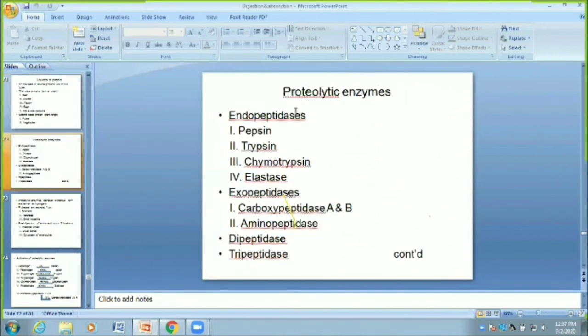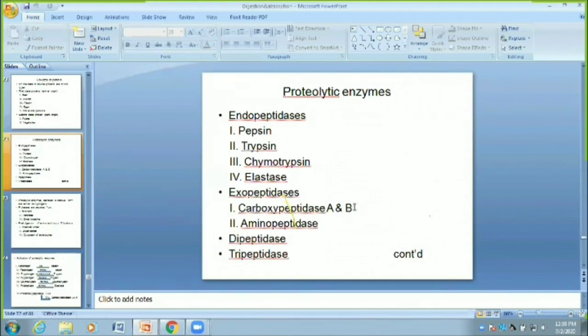Proteolytic enzymes: we can classify them as endopeptidase and exopeptidase. Endopeptidases include pepsin, trypsin, chymotrypsin, elastase. They are called endopeptidases because they hydrolyze inner peptide bonds. Then exopeptidases hydrolyze peptide bonds close to the carboxy terminal and amino terminal.